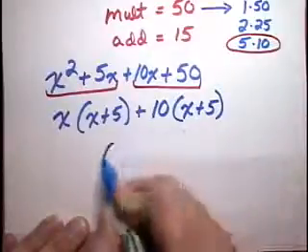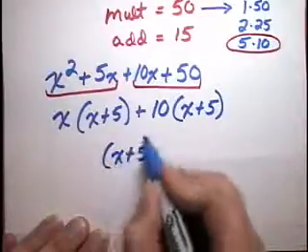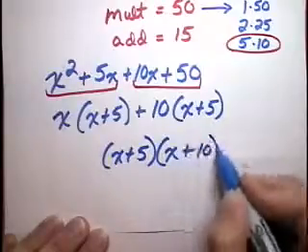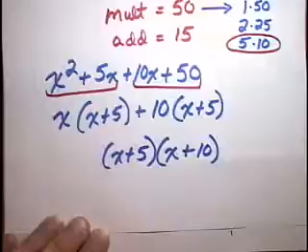So since my x plus 5's match, I can remove those, and I'm left with the x and the 10. I could multiply this back out. The x plus 5 times the x plus 10 would factor back out to give me the original trinomial that I started with, the x squared plus 15x plus 50.